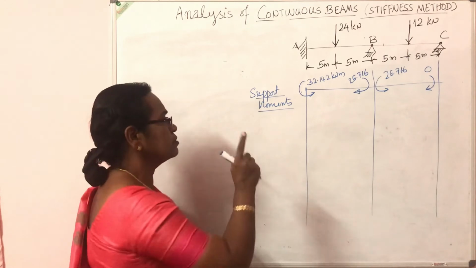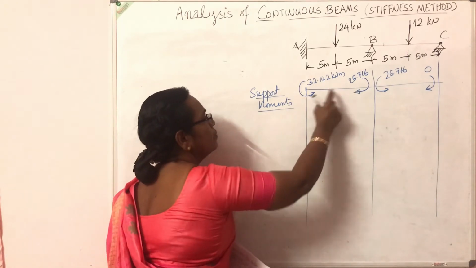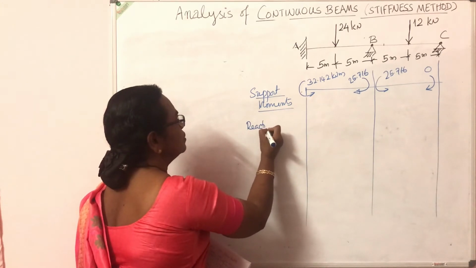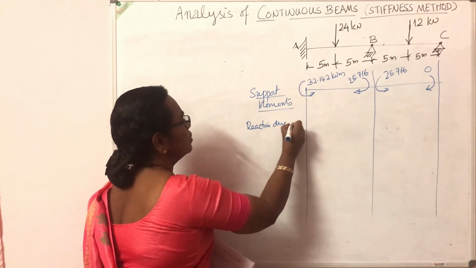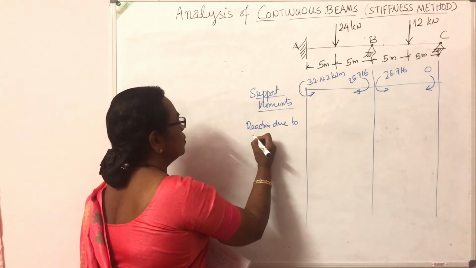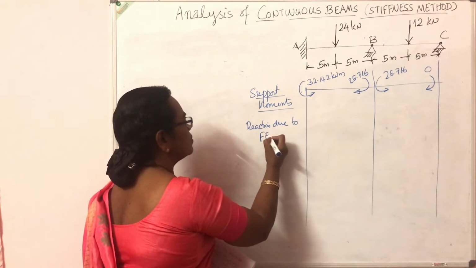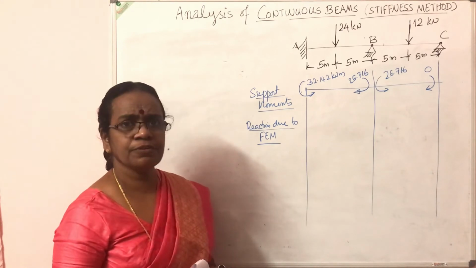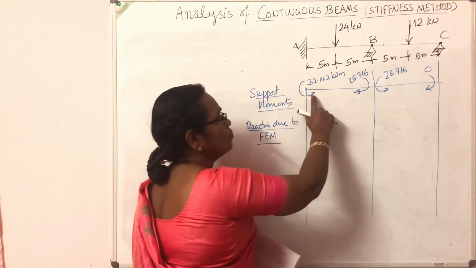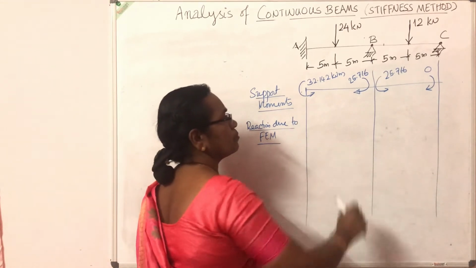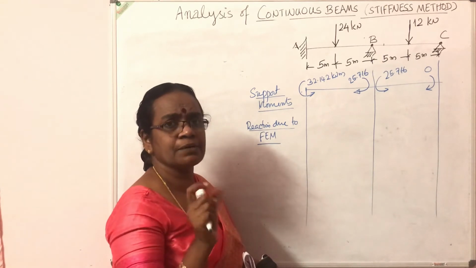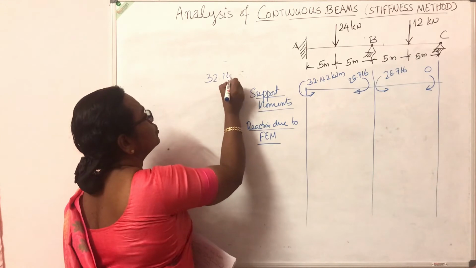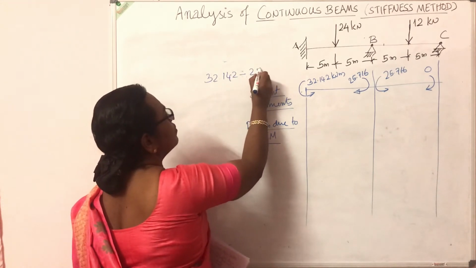First, what we write here is the reaction due to fixed end moments, or the unbalanced. These are the fixed end moments. You see, it is 32.142 anti-clockwise, 25.716 clockwise. What is the net unbalance? The unbalance is 32.142 minus 25.716.